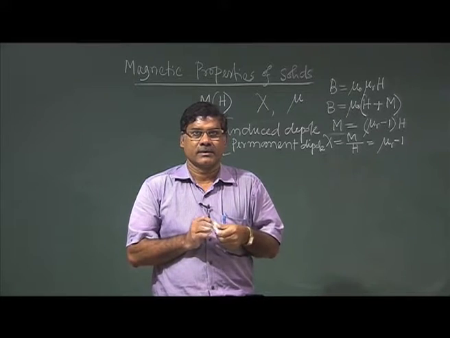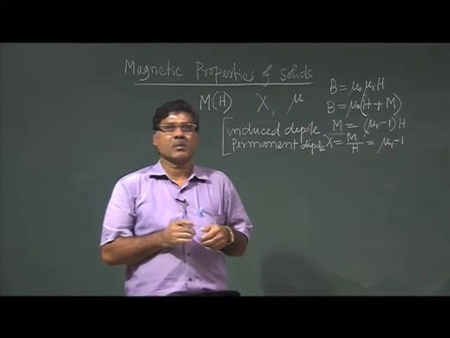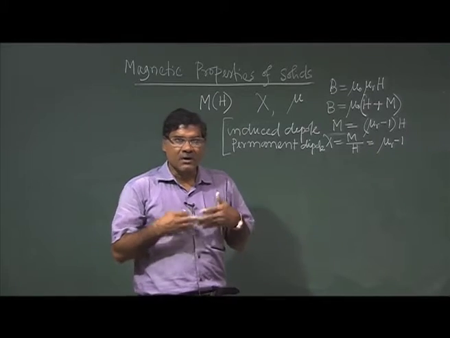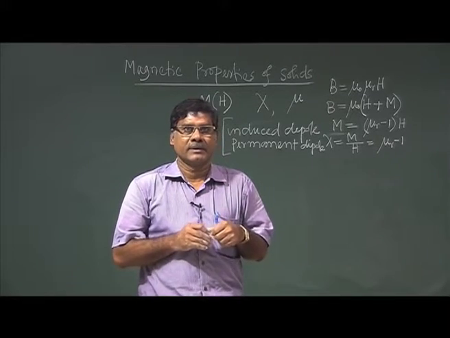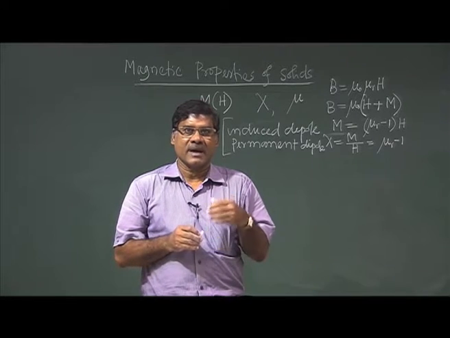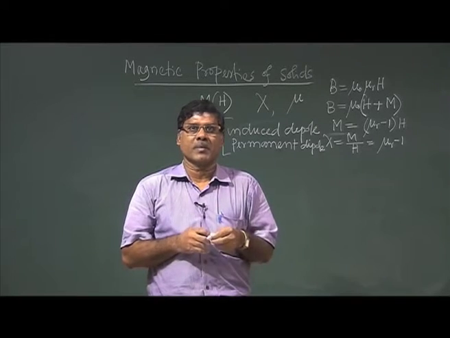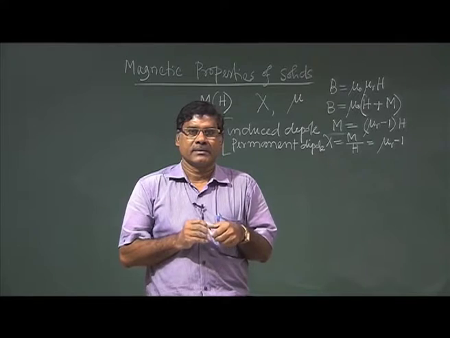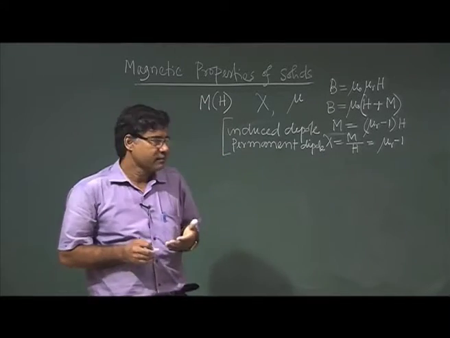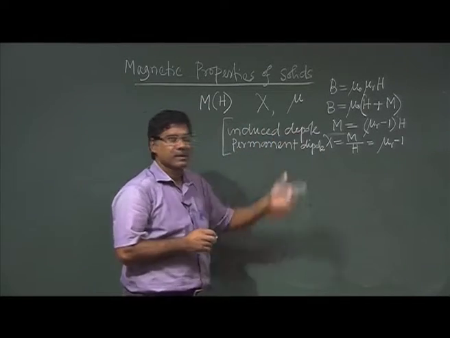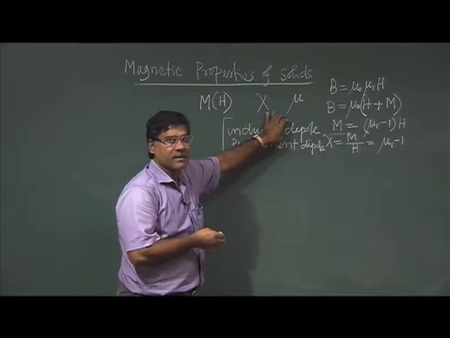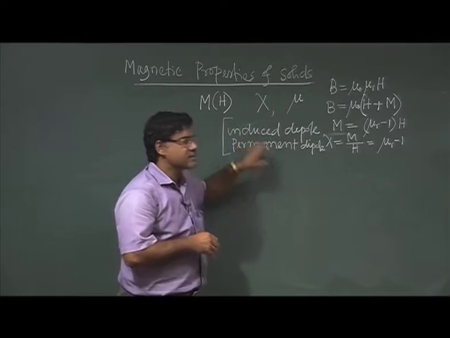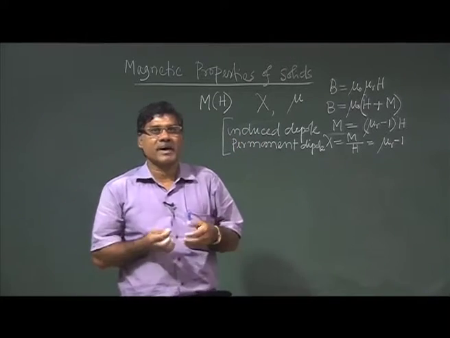Okay. So, then we call this a permanent dipole moment. The material does not have a dipole moment, but if we apply a magnetic field, then the field induces a dipole moment in the material, and that we call the induced magnetic moment. So, this is present in the presence of a magnetic field, this is present in the absence of a magnetic field.